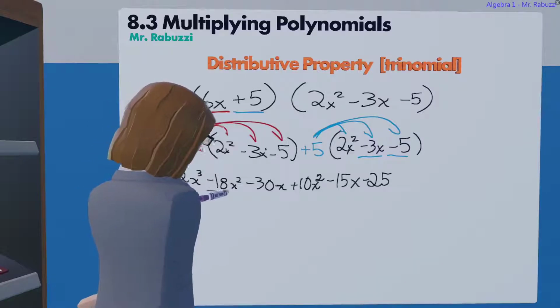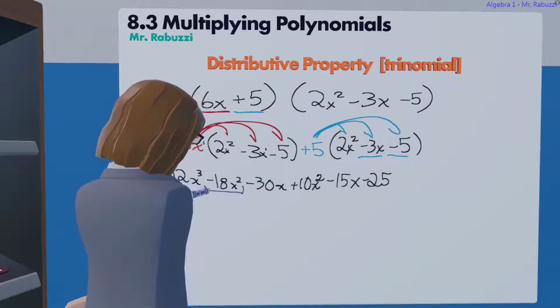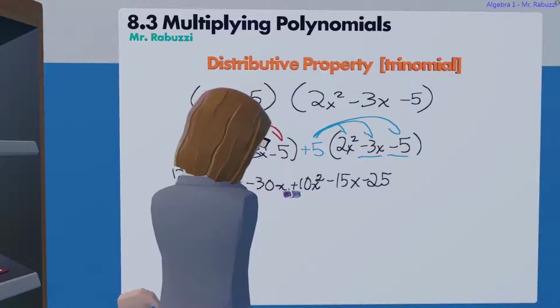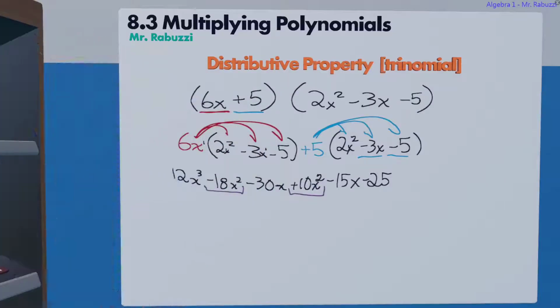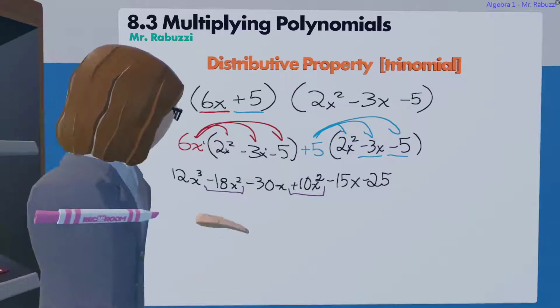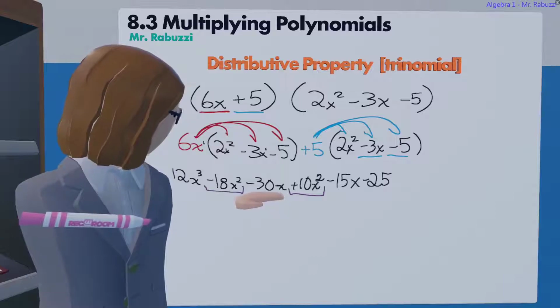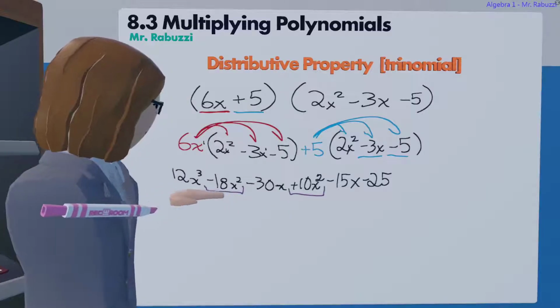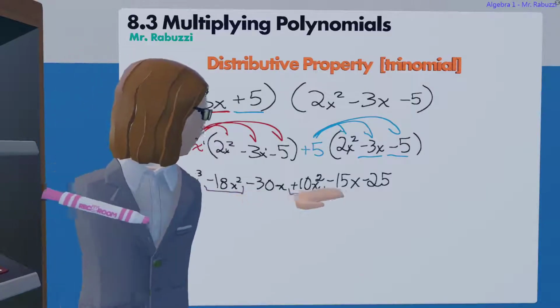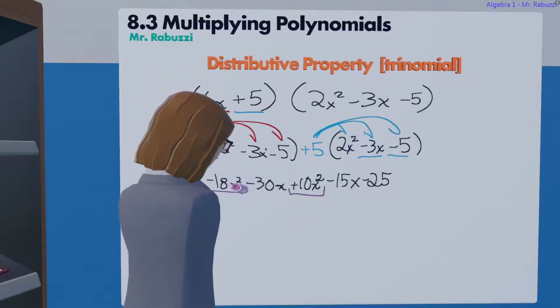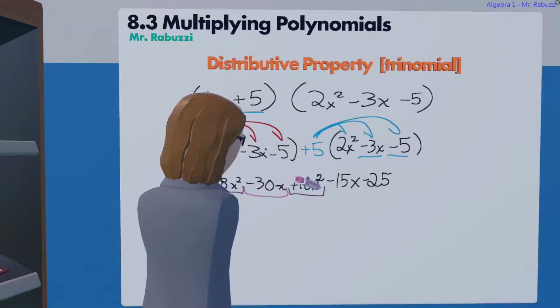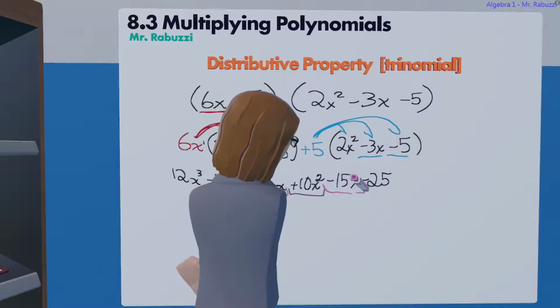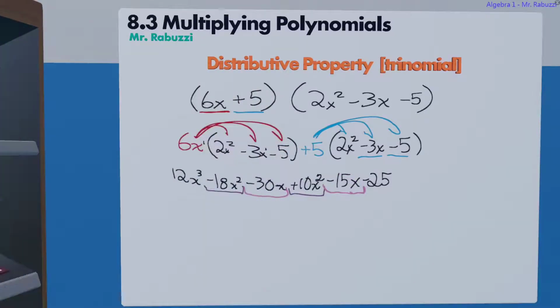So this and this will need to combine. Okay. Then let's see. I see an x term, not x squared, not x cubed, just x, and another x term. So these will need to combine.